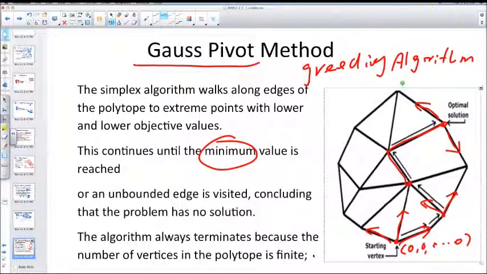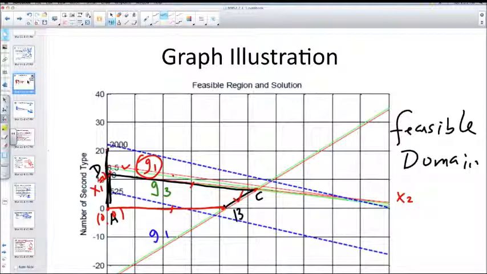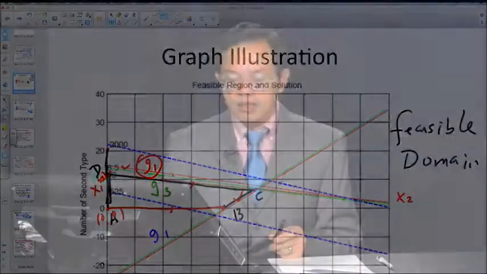But in the previous example, we solved it by the graphic method. Let's look at an example of how we manually use the Gauss pivotal method to solve this question.